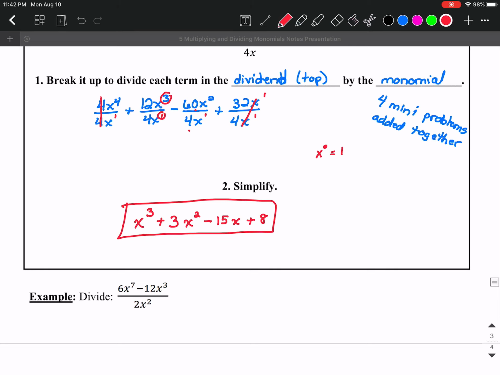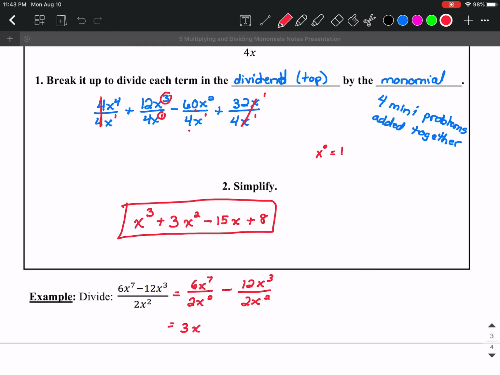Let's do one more, not quite as long, but one more like that. So we take the top and we break it up. 6x to the 7th, divide by the bottom 2x squared. Now minus, keep the top 12x cubed over 2x squared. Now we divide. Okay, so 6 divided by 2 is 3.